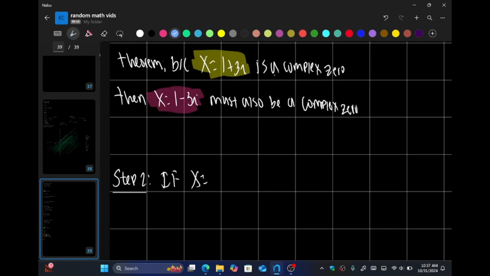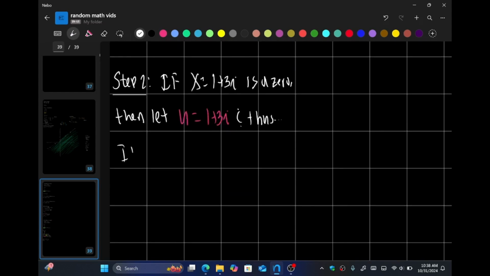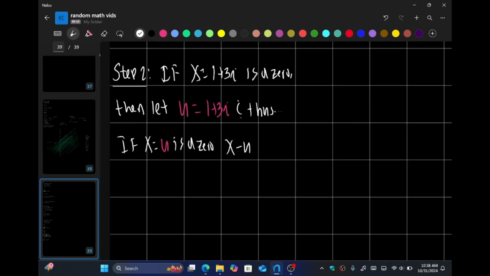So if x equals 1 plus 3i is a 0, then I'm going to say let u equal 1 plus 3i, and thus if x equals u is a 0, x minus u is a factor. I know I'm repeating myself, guys.